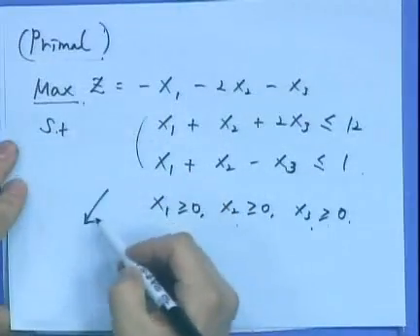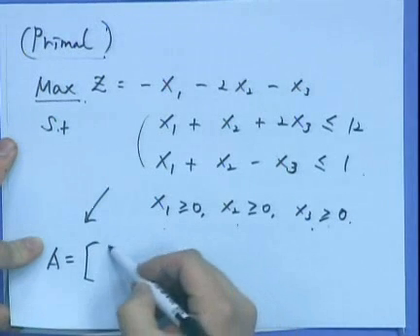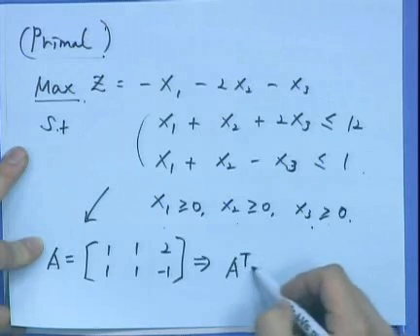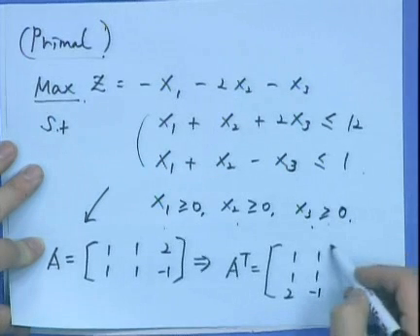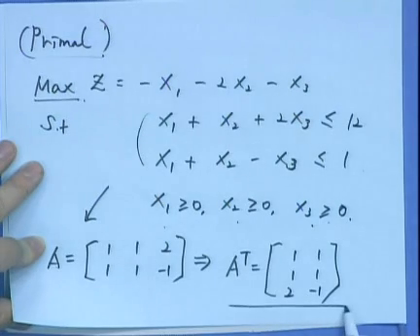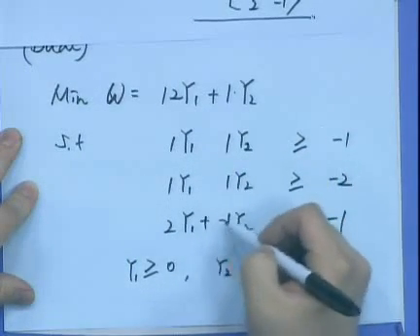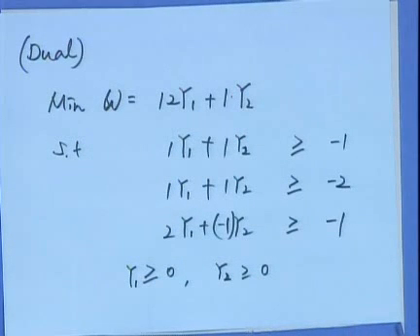In the primal problem, the constraint coefficient matrix A is 1, 1, 1, 1, 2, -1, which means the A transpose matrix becomes the constraint coefficients of the dual problem: 1, 1, 2, 1, 1, negative 1. So we've completed our dual problem. It's pretty easy to convert from the primal problem to the dual problem, right?